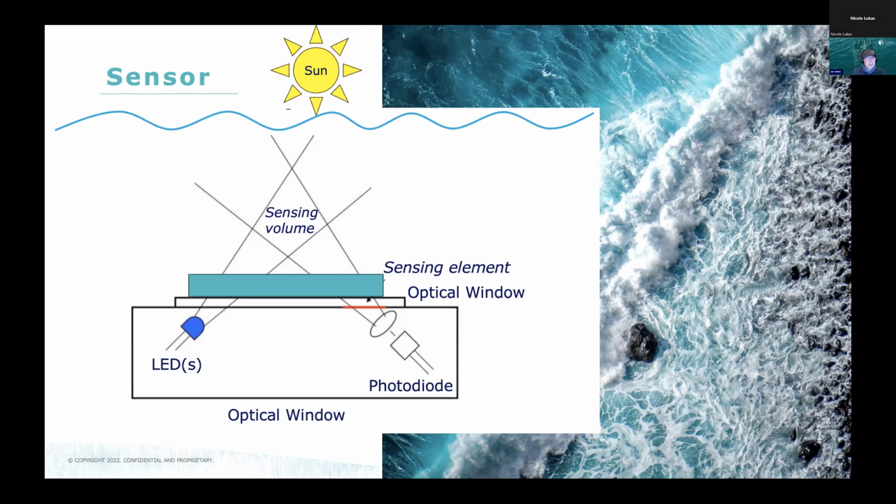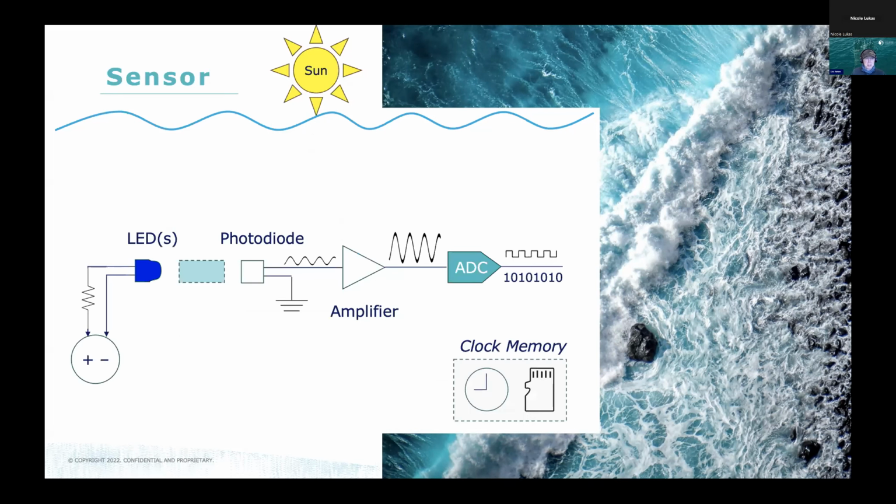In the case of fluorescence, when fluorescence is excited, the photons basically go everywhere, which is kind of a nice thing. So you're guaranteeing that the sensing volume is going to have fluorescent photons coming back to the photodiode. In the case of the oxygen optode, there's actually a sensing element, which is where the fluorescence interaction happens. In that case, the sensing element itself is what is observed by the photodiode. The arrangement's a little different, but the principle is the same.